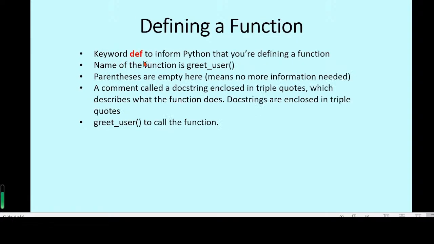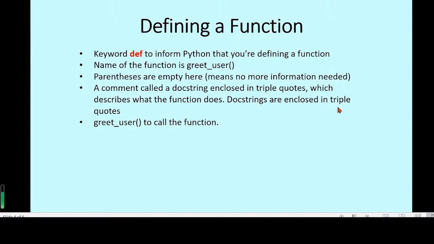The keyword def informs Python that you are defining a function. Next, the name of the function is greet_user. The parentheses are empty here, meaning no more information is needed to run this function. And a comment called a docstring, enclosed in triple quotes, describes what the function does.